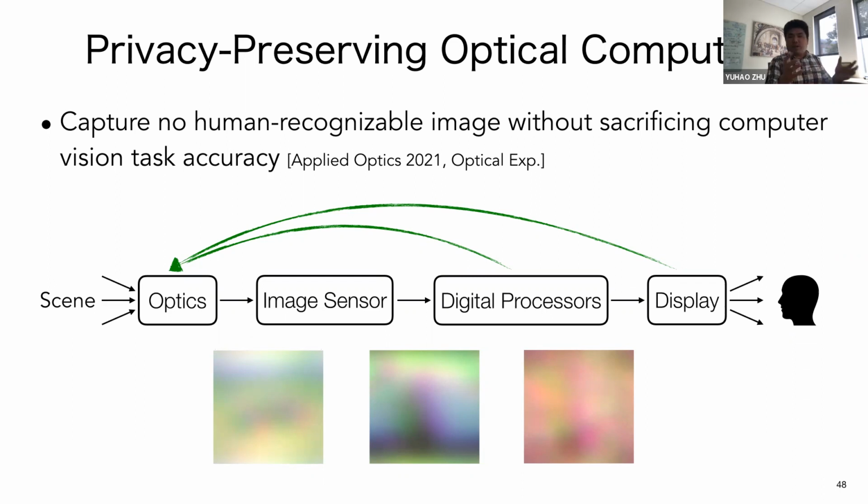If you think about robots and self-driving cars and even AR, VR devices, when they are wandering around, they need to capture images of the environment to understand it. That also means they're capturing images of you if you happen to be in the environment, which leaks privacy information about you. I certainly wouldn't be happy about that. So wouldn't it be nice if we could have a camera that never captures images that are human recognizable?